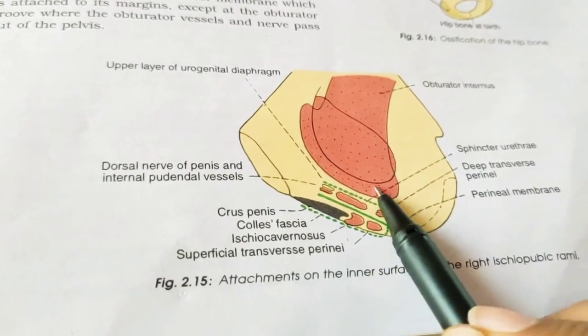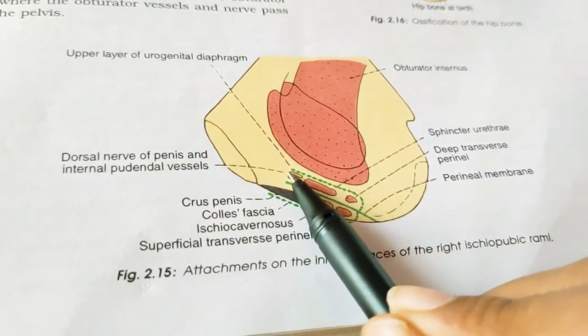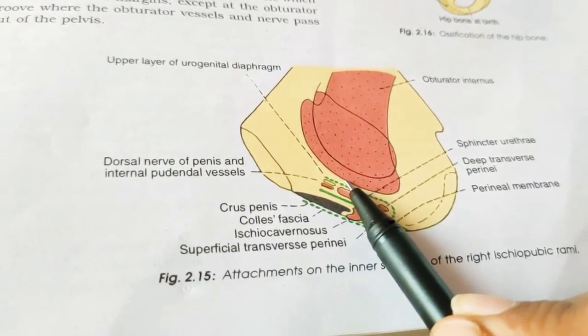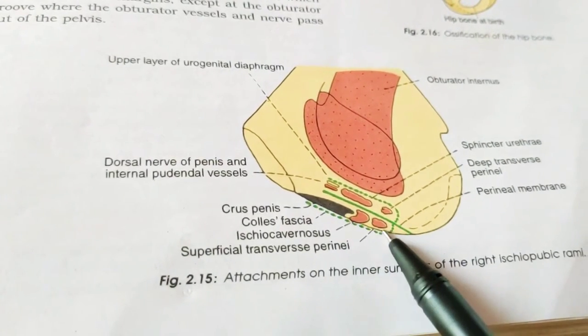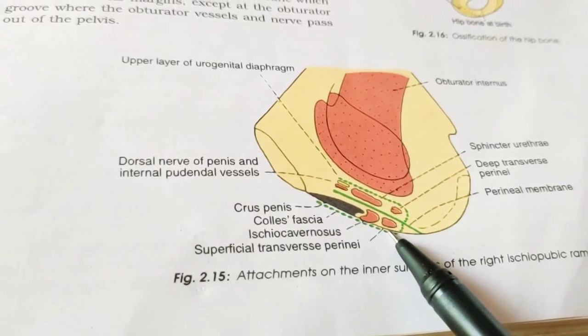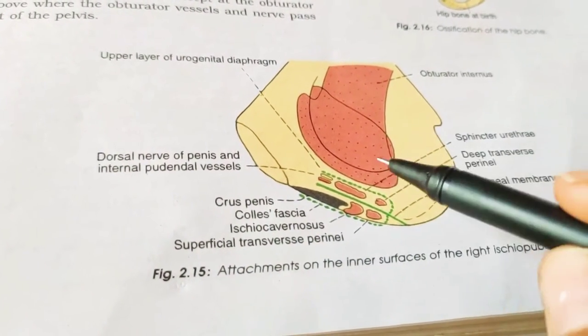Mainly the upper ridge gives attachment to the upper layer of the urogenital diaphragm. You can see this is the upper layer of the urogenital diaphragm. The perineal membrane is attached to the lower ridge. This is the lower ridge, giving attachment to the perineal membrane, and the upper area gives origin to obturator internus.